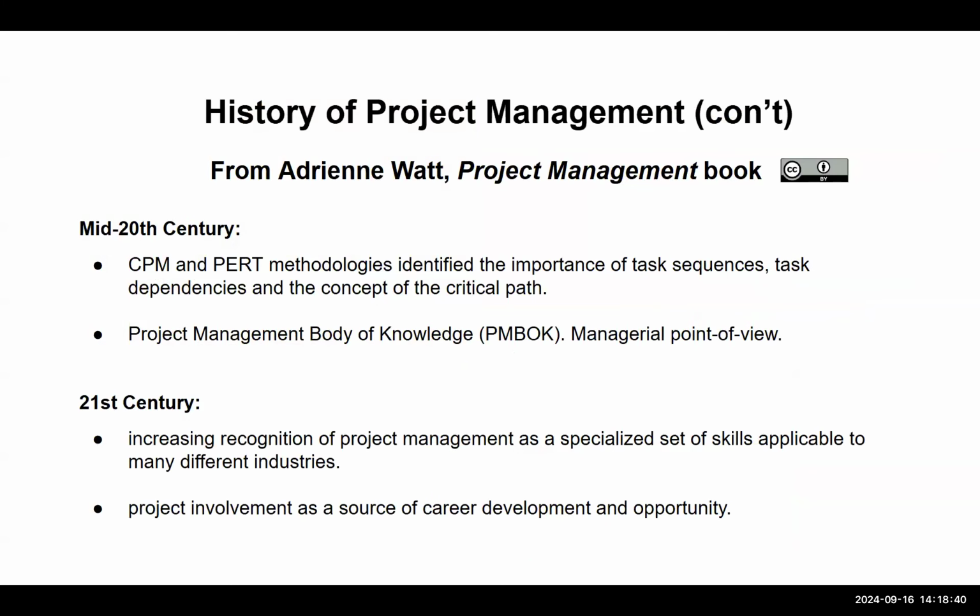So that's a word about pre-industrial project management. So we talked about the early 20th century as being sort of the beginnings of modern project management. In the mid-20th century, we start to get some of these methodologies that are useful for information science. So now we're not really worried about the factory floor anymore, although people are still doing that.